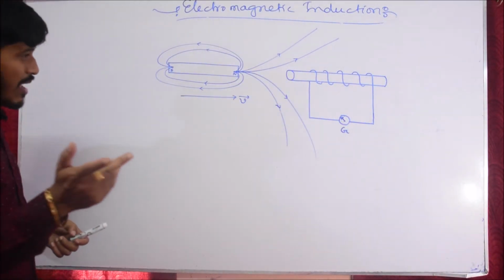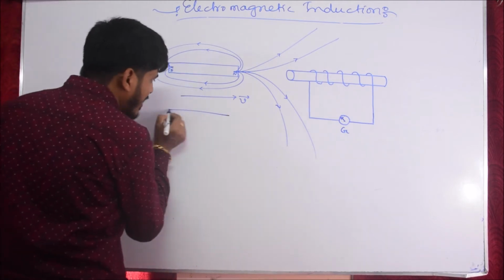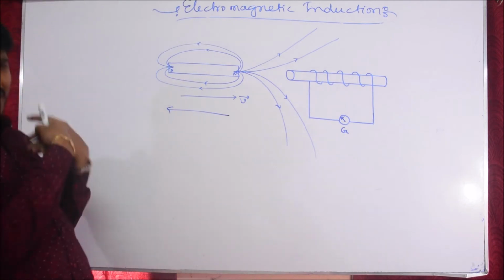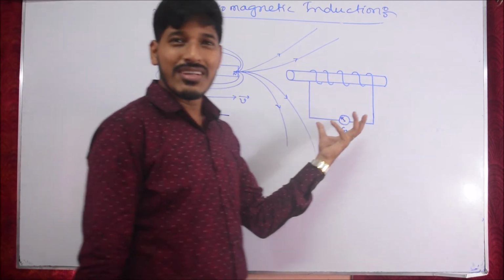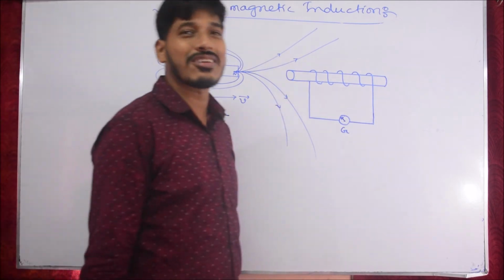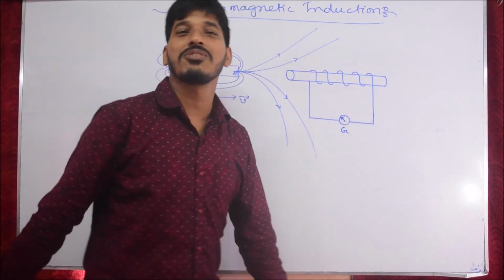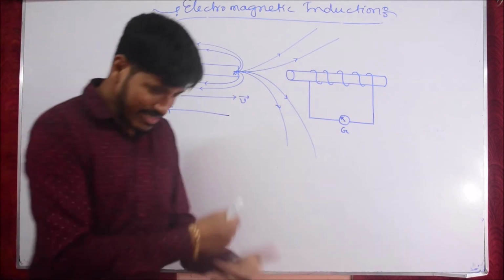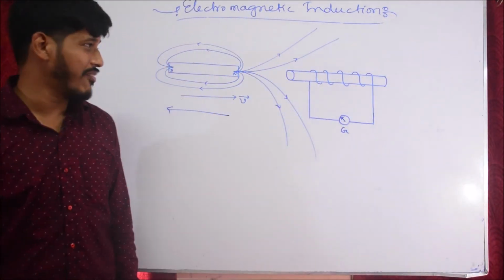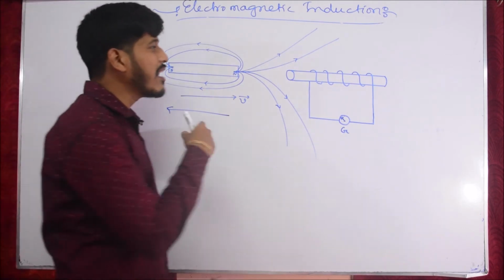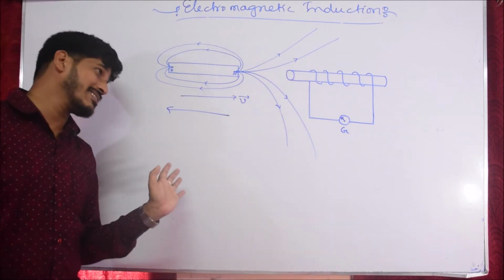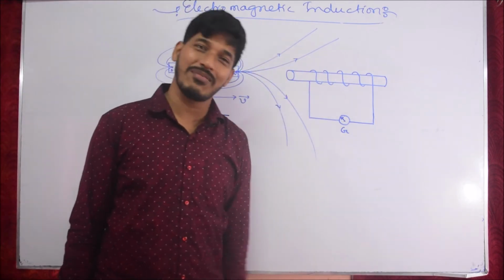Now, same, if you move the magnet away from the coil, there is also a change in magnetic flux linking the coil, there is also a generation of induced EMF, but the deflection will be in the opposite direction. Means the direction of induced EMF depends upon the change in magnetic flux, whether it is an increase or a decrease.